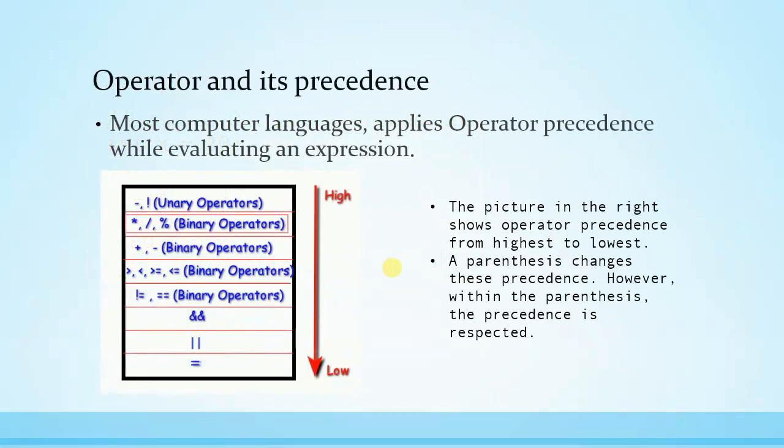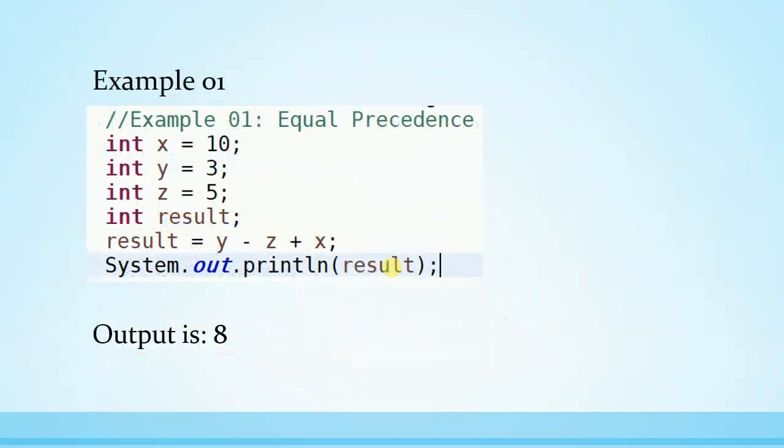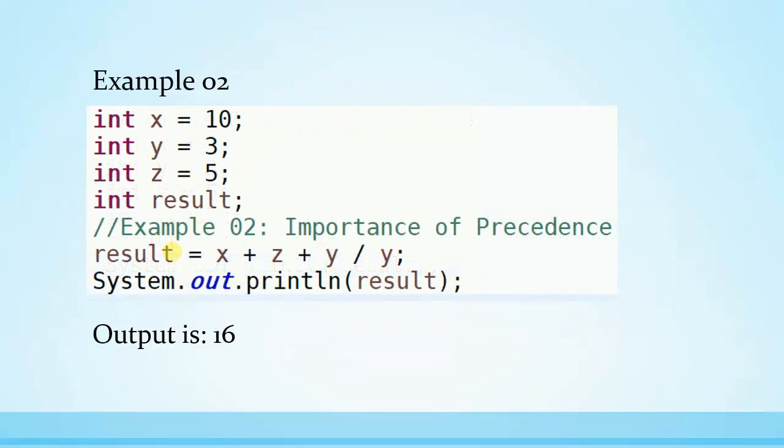If you see here, star, division and modulus stay on top of plus and minus. This means y divided by y is executed first. That means 3 divided by 3 is 1. That is the first expression evaluated here.